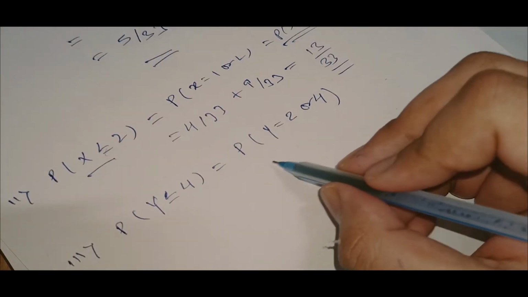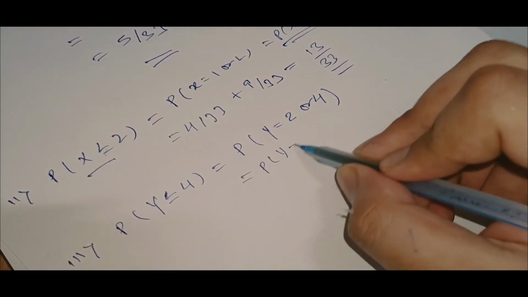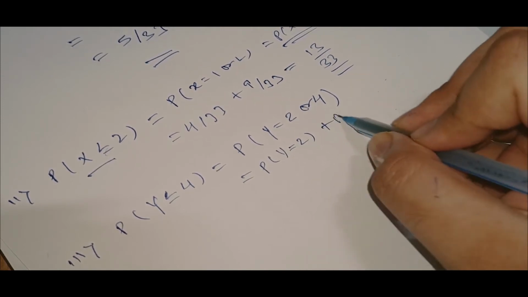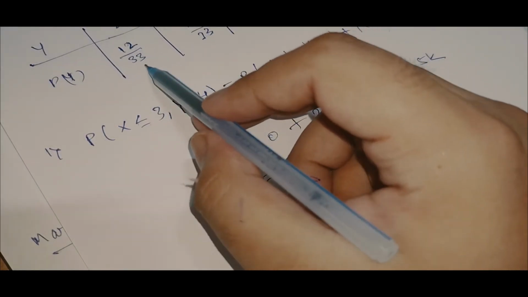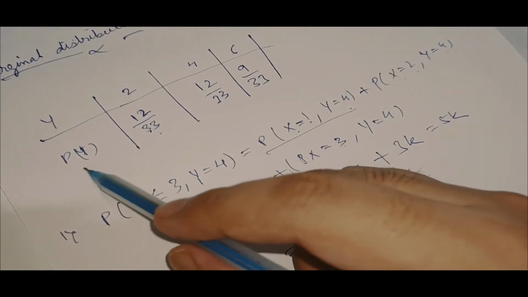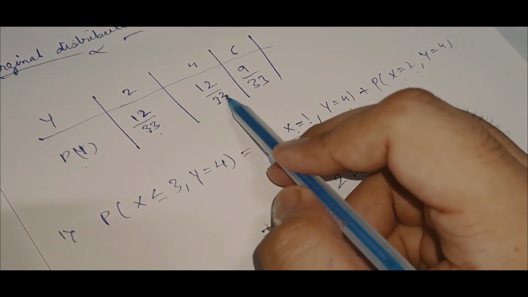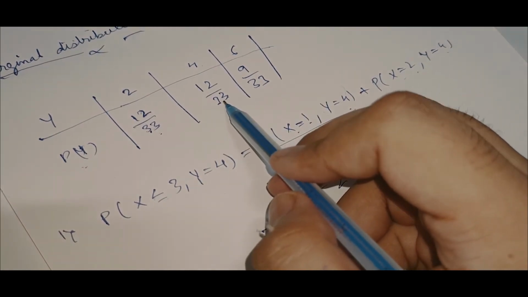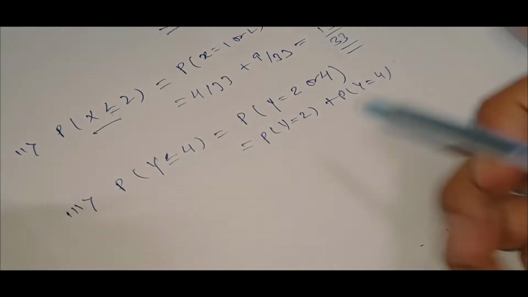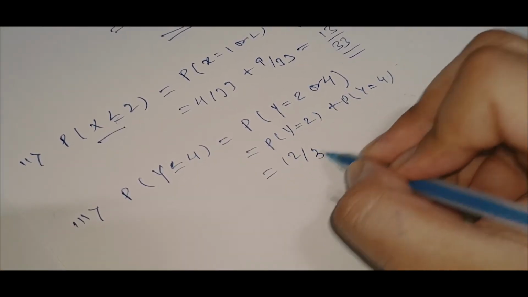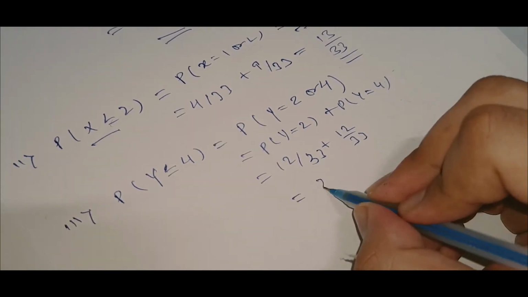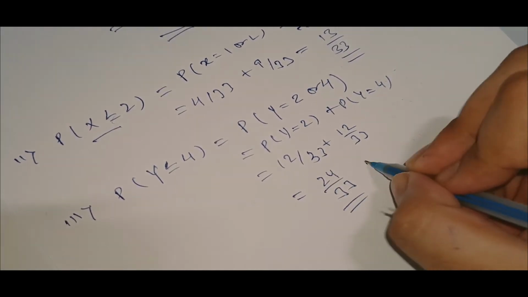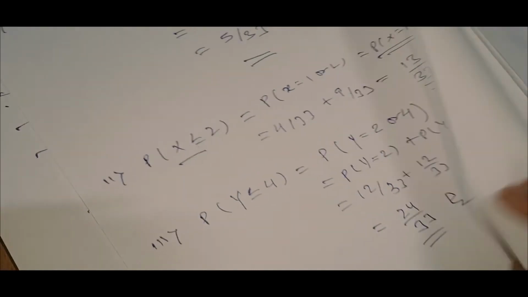So we can write P(y equals 2) plus P(y equals 4). P(y equals 2) is 12 by 33, and P(y equals 4) is 12 by 33 again. So 12 by 33 plus 12 by 33 gives 24 by 33. This is the answer, right?